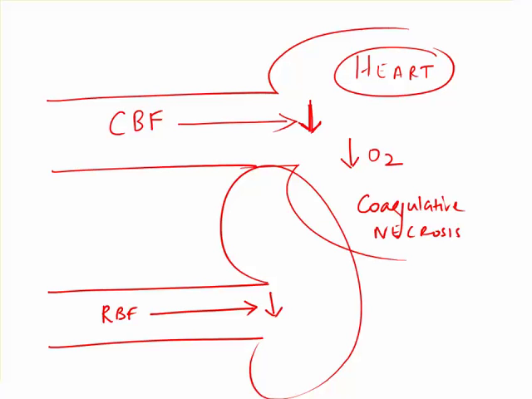So you understand the concept here. If the blood flow is reduced to the organ, that will create ischemia. Ischemia reduces the oxygen to the tissue, which leads to cell death. Ischemia causing cell death is necrosis, and except in the brain, we see coagulative necrosis in all organs.